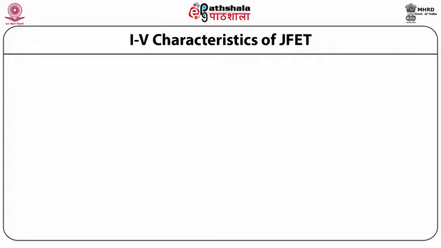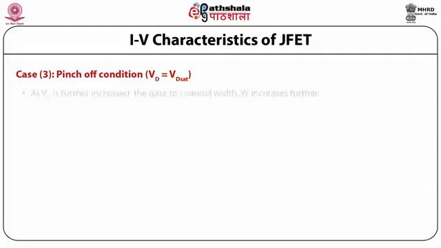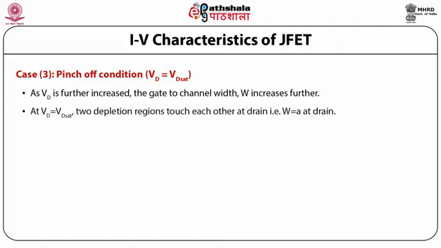Let us now discuss another case, that is the pinch-off condition when Vd equal to Vd saturation. As Vd is further increased, the gate to channel width W increases further. At Vd equal to Vd saturation, the two depletion regions touch each other at the drain, that is W equal to a at the drain, which is shown in this figure.